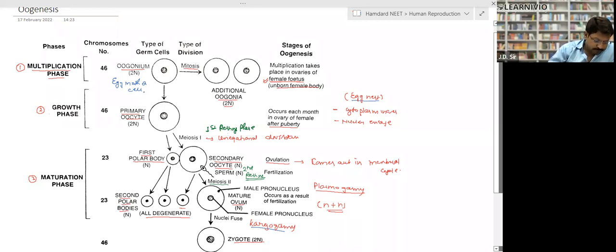Diploid oogonium multiply by mitotic division and forms egg nest. Full stop.